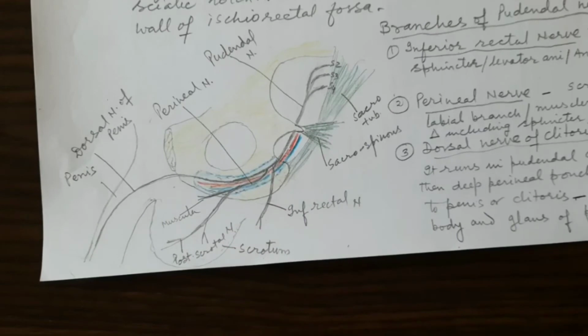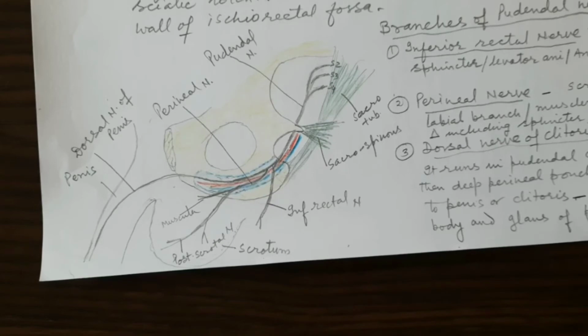This posterior scrotal nerve will supply sensory fibers to the posterior two-thirds of the scrotum, or in case of the female it will give the labial branches, which will supply the posterior two-thirds of the labia majora and minora. So in both sexes it will supply the posterior part of either the labia majora and minora or the scrotum.